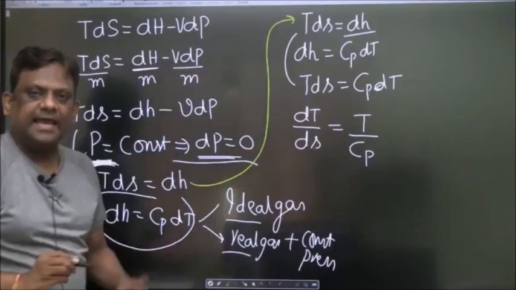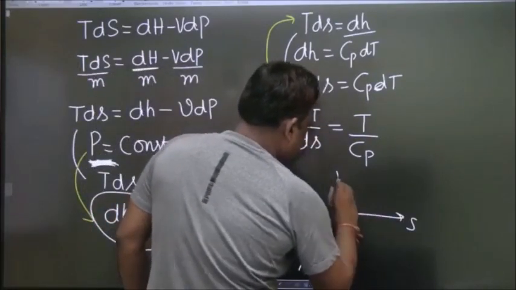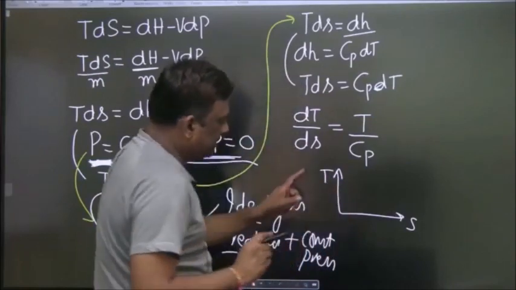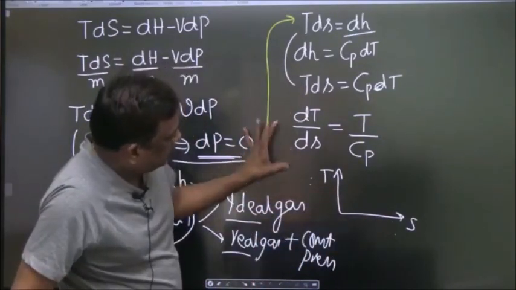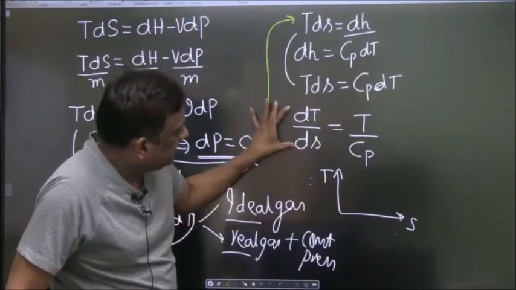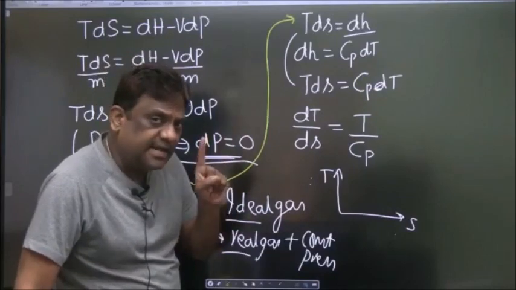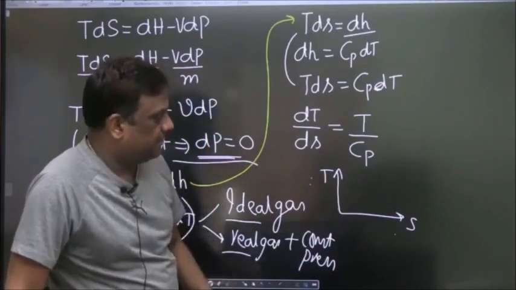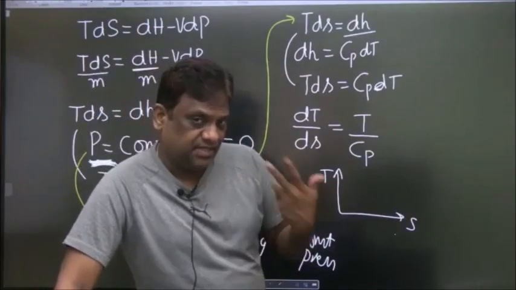Absolutely fine. Can you tell me what dT by dS is? If you take any plot on a Ts diagram, what is dy by dx? It is the slope. So dT by dS is the slope, of constant pressure. So the constant pressure slope on a Ts diagram is T by Cp, and the constant volume slope is T by Cv.